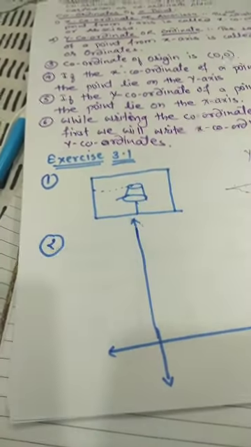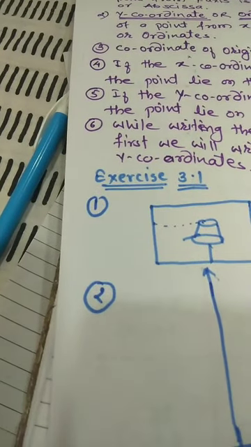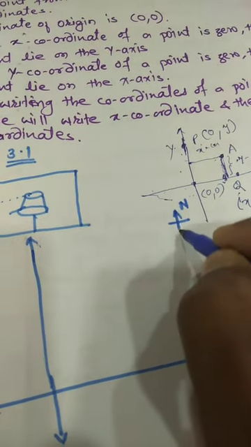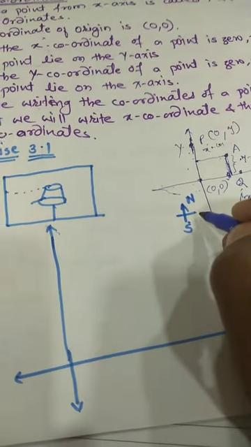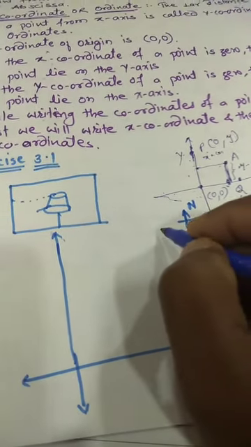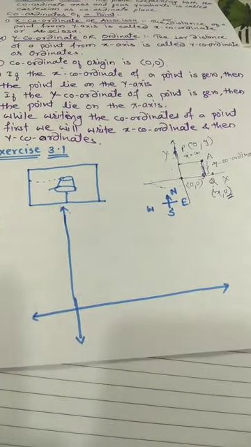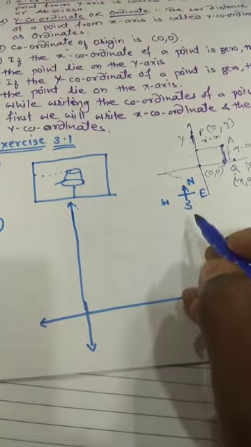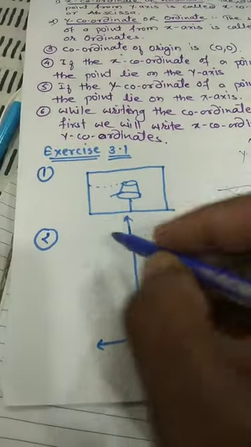You know north and south according to the map skill. North is up, south is down, the right side is east and the left side is west. On the map the direction is given in this way. Same way, so this is the north-south direction.